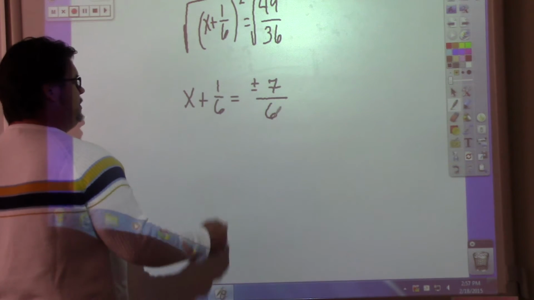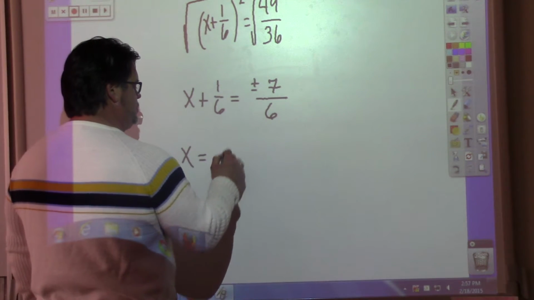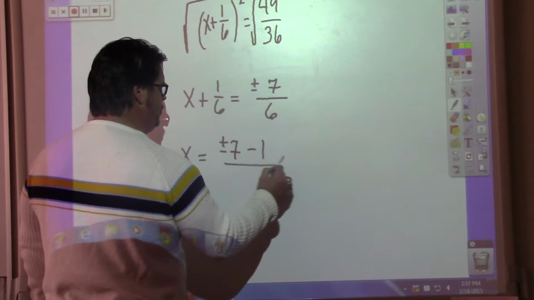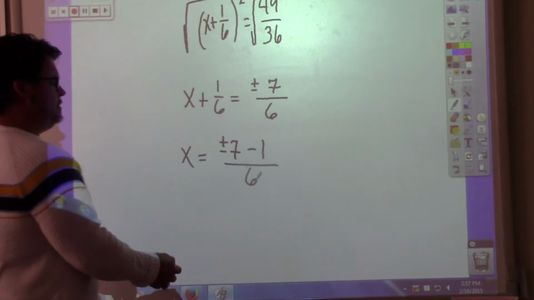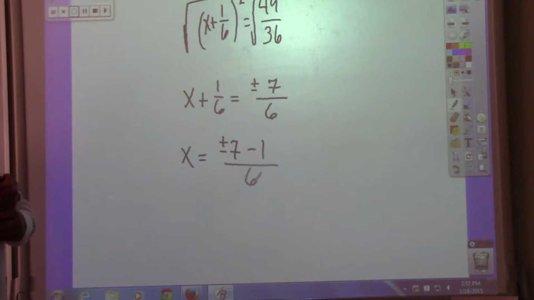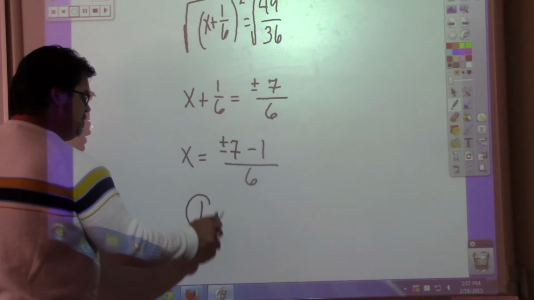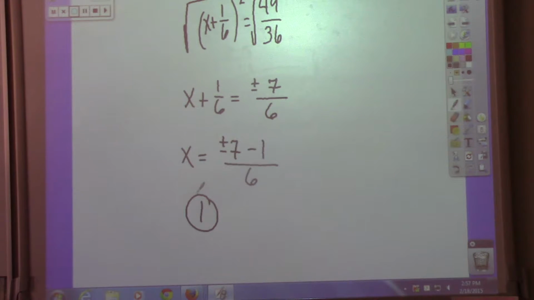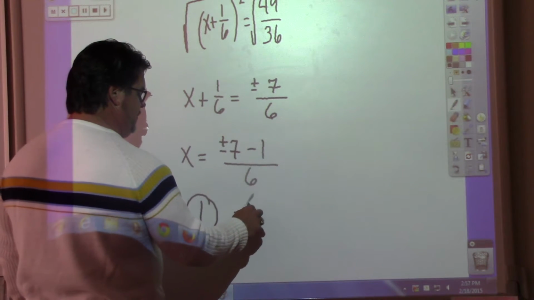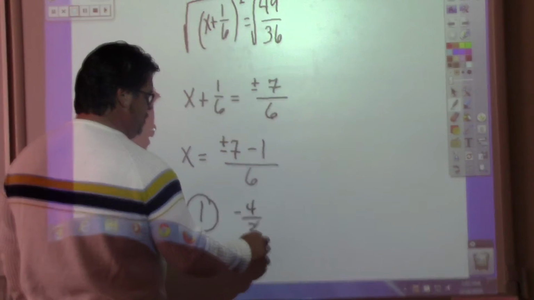So x is equal to positive or negative 7 minus 1 over 6. 7 minus 1 is 6, and 6 divided by 6 is one. So there's one x-intercept. Negative 7 minus 1 is negative 8. Negative 8 over 6 is negative 4/3.